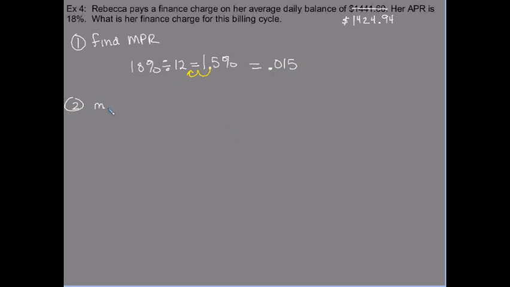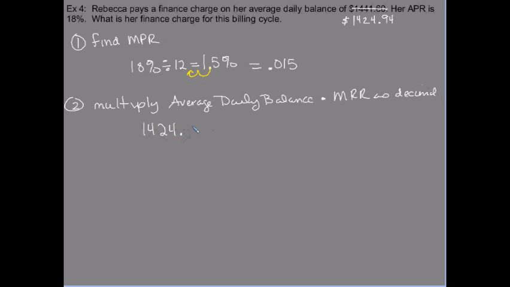Next, you multiply the average daily balance times the monthly periodic rate as a decimal. So I take 1424.94 times 0.015. And her finance charges for the month are $21.37. So that's how much she's going to pay in interest for that month.